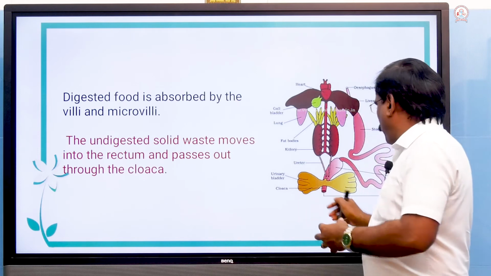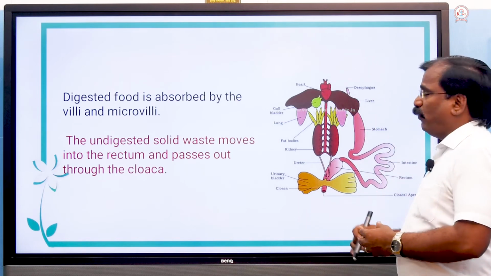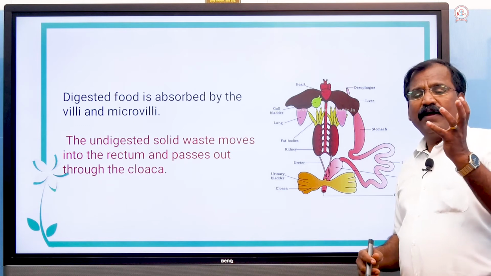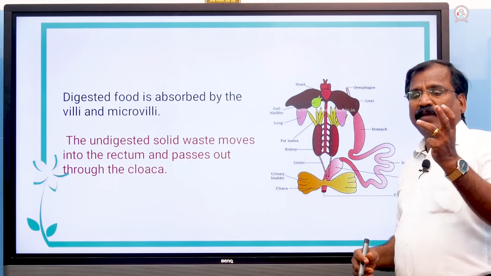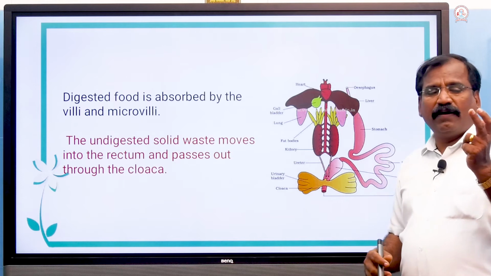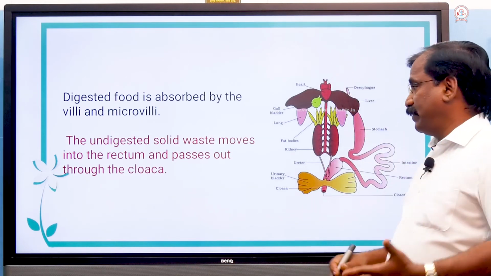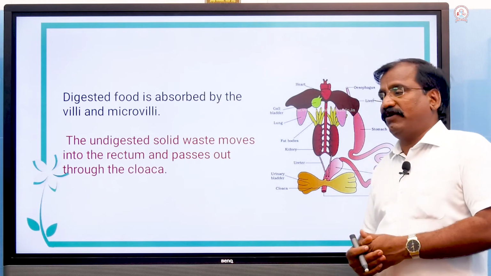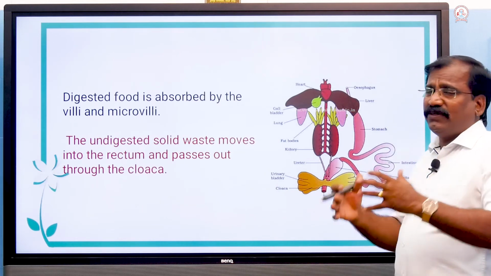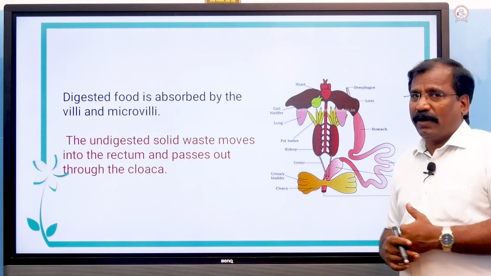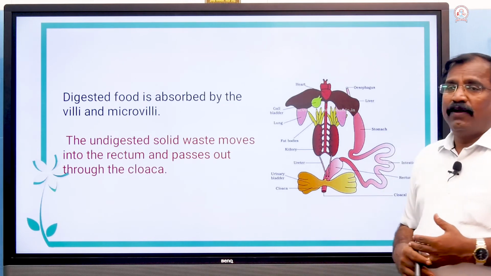Because this opening, the cloacal aperture, the cloaca, is a common opening for excretion, reproduction, and also egestion, sending out the undigested waste materials. So all these three take place through a common opening called the cloacal aperture, the cloaca.